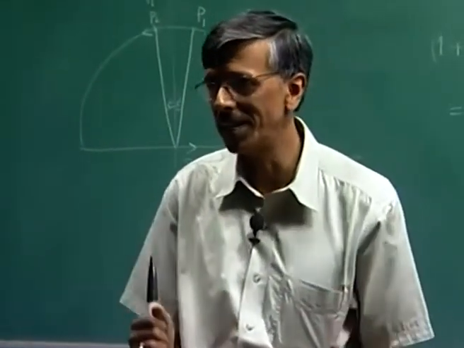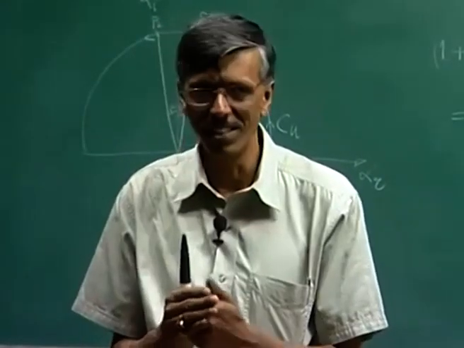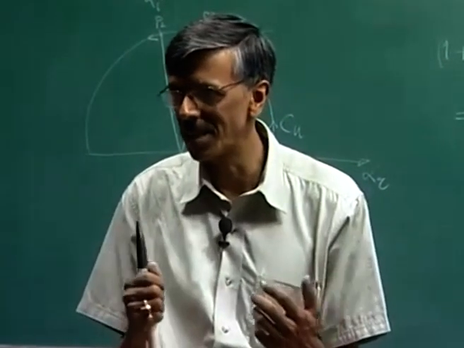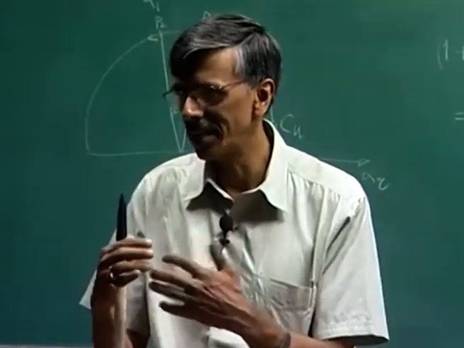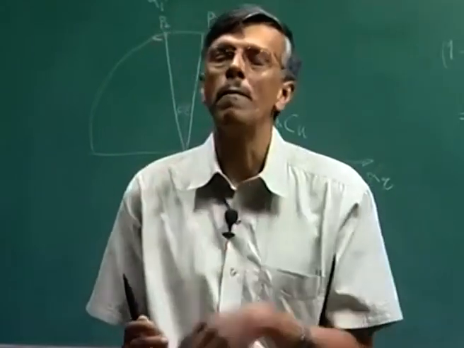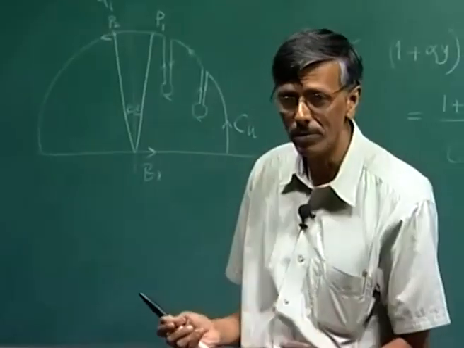How did we get the groups of waves? When two neighboring signals very close to each other interacted constructively and destructively at different locations. Wherever it did a constructive thing, we got the wave packets. You recall that? So here also the same thing will happen.